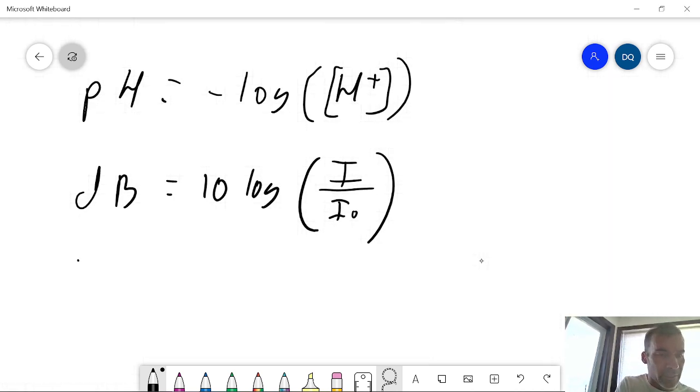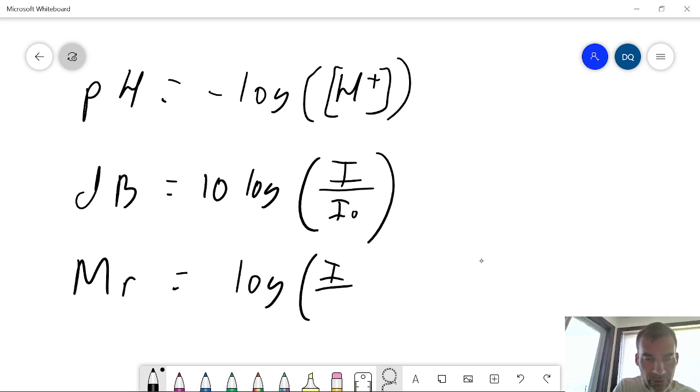And in the Richter scale, that is the log of the intensity of your earthquake over a threshold intensity again. In all of these cases, you're taking the log, and the reason why you're taking the log is it takes these widely varying numbers and brings them down to a smaller scale that's easier for you to understand.